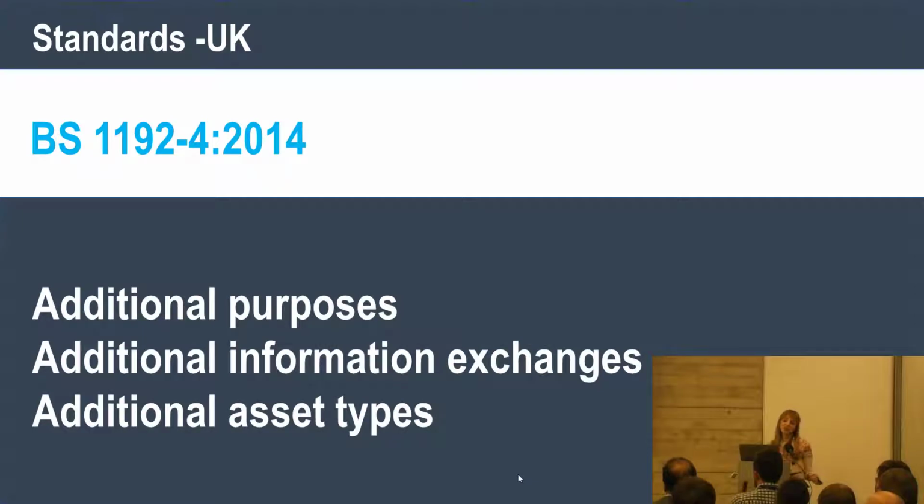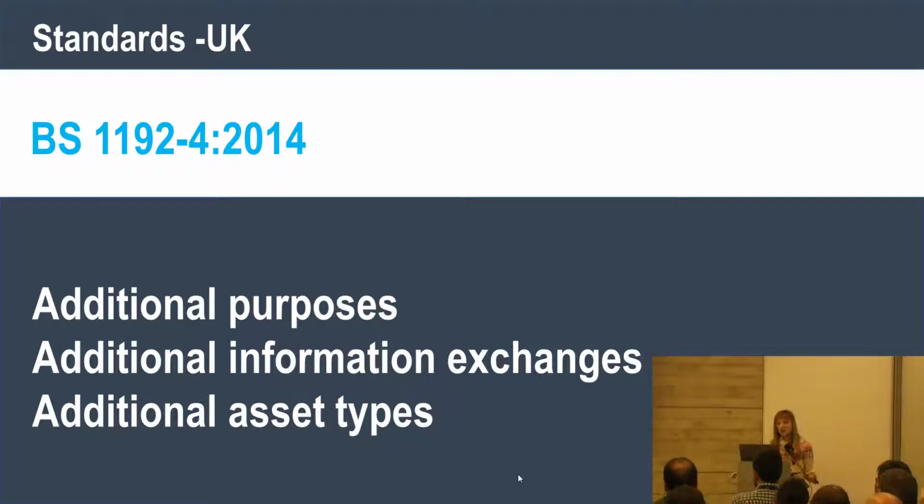In the UK, we adopted COBie as our main information exchange, and even created a whole new British standard for it, BS 1192 Part 4. In this, we take COBie and we start to push the specification further by adding more purposes like building performance and health and safety, specifying additional information exchanges during design and construction, and applying the specification to other assets like infrastructure, which there is a lot of debate on.